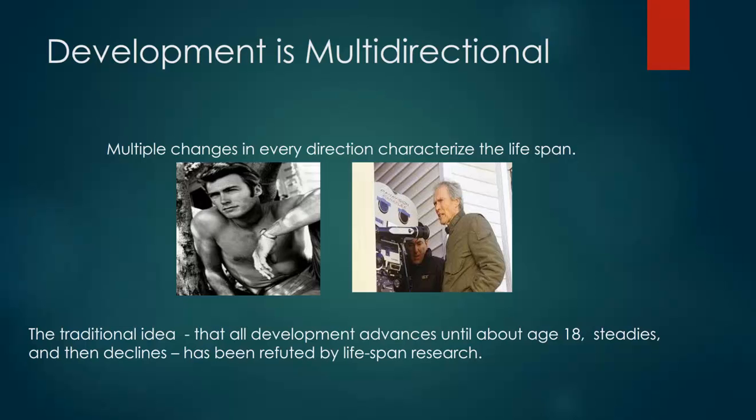Where we have decreases in one area, we may have increases in other areas, and that goes on throughout the lifespan. So the traditional idea that all development advances until about age 18, steadies, and then declines has been refuted by lifespan research. And I'm sure you could think of many examples, and we'll talk about some of those examples in class.